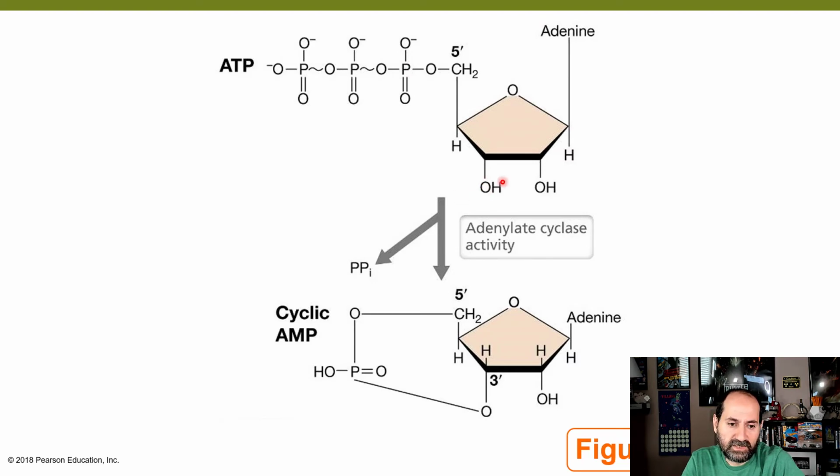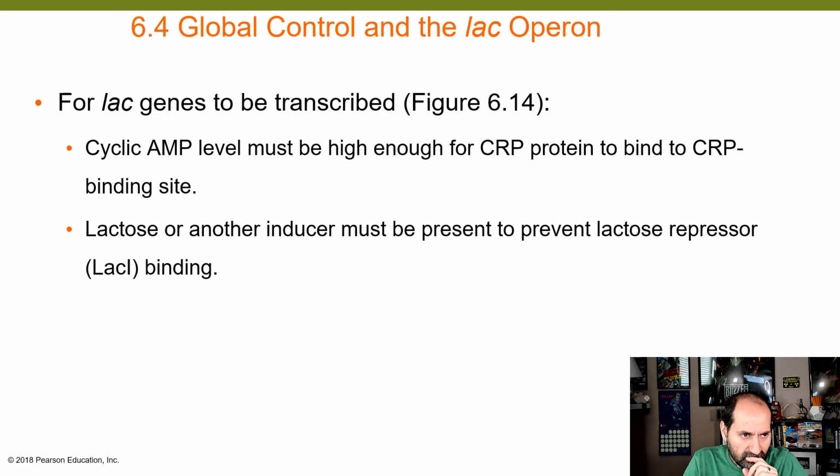Through a dehydration reaction, the 3' hydroxyl group is removed, and you've circularized the phosphate group. The phosphate group is now bound to the 3' carbon, and this is called cAMP, or cyclic AMP. Cyclic AMP is the effector molecule for the CRP protein.